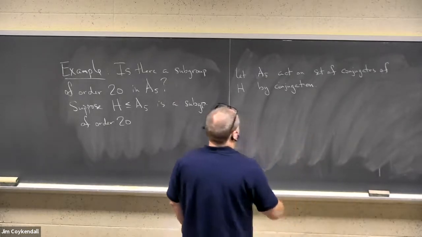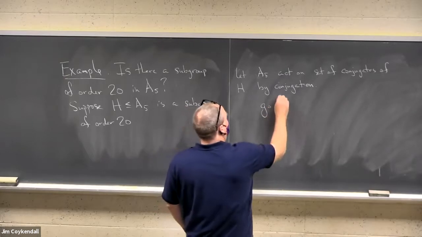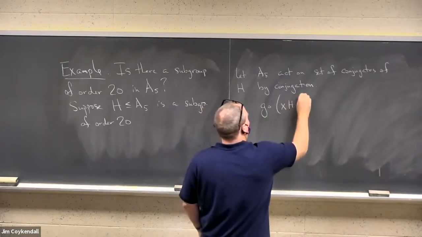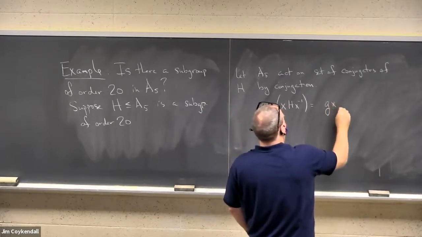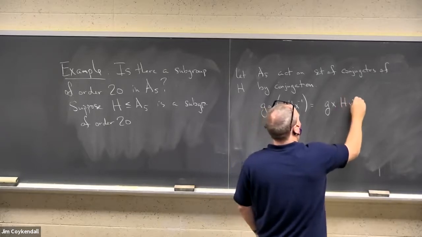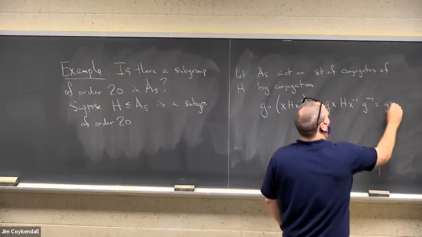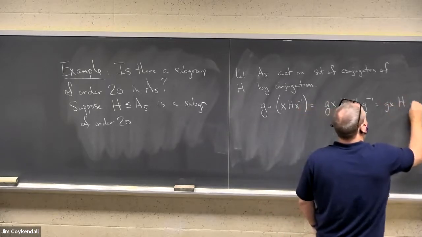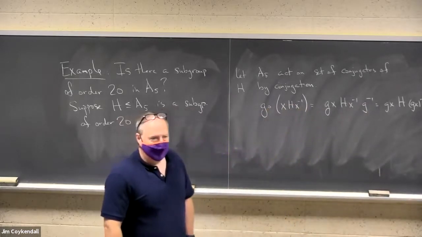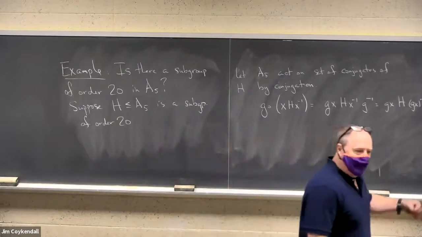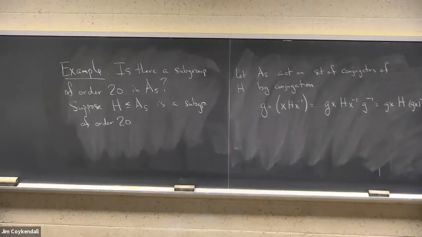So in other words, G acting on conjugates of H. So there's our action, right? Basically, I look at the subgroup of order 20 and I look at all its conjugates, and I list them. Certainly there are only finitely many, because there are only finitely many subgroups in a group of order 60. By the way, how many conjugates could there be?